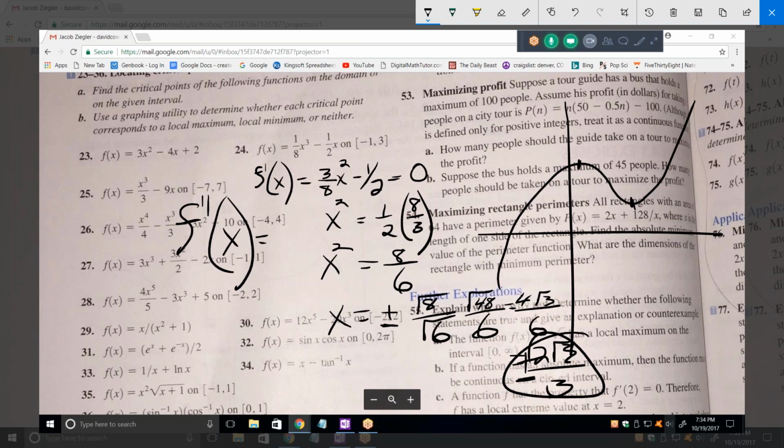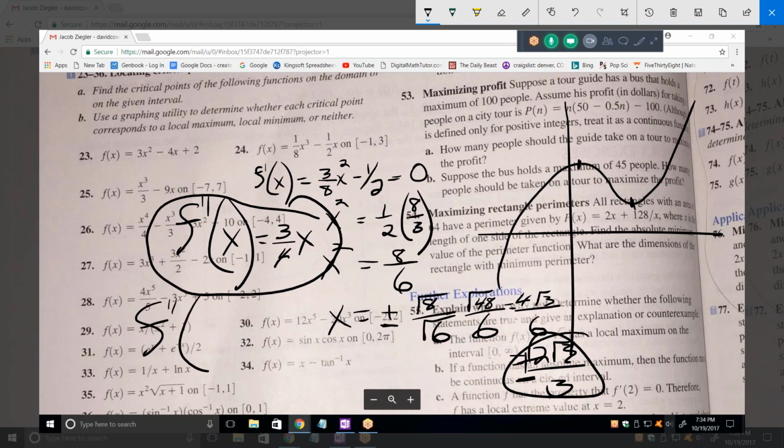That would be 6/8 x, and that's it. Okay. Now, evaluate that second derivative at these 2 points. Is f double prime of plus 2 root 3 over 3, is that greater than or less than 0?